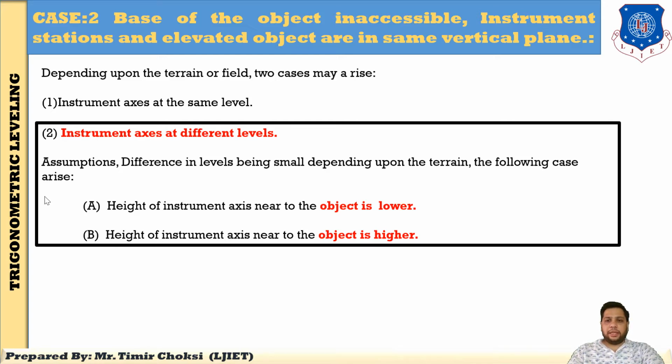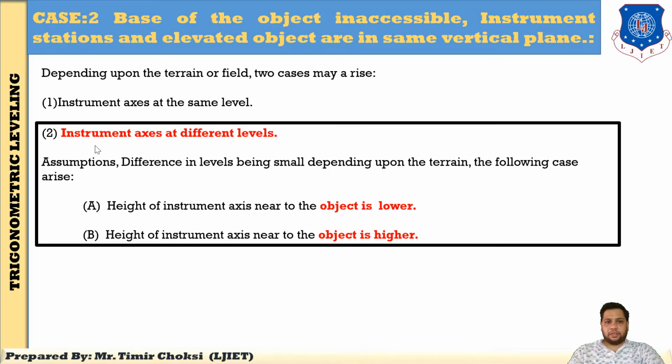So when you take case number 2, instrument axis at different level, two cases arise. Case A: height of instrument axis near to the object is lower, and case B: height of instrument axis near to the object is higher.